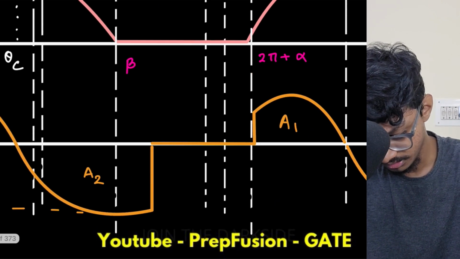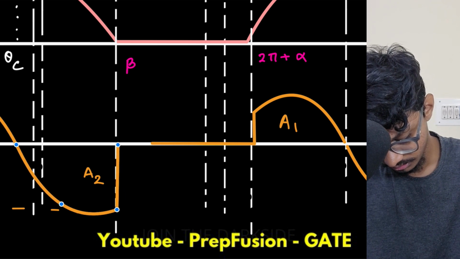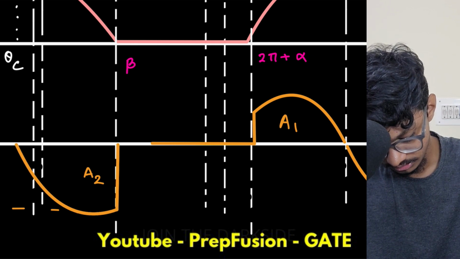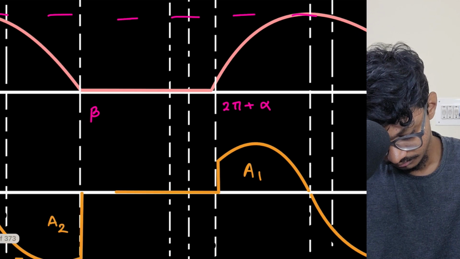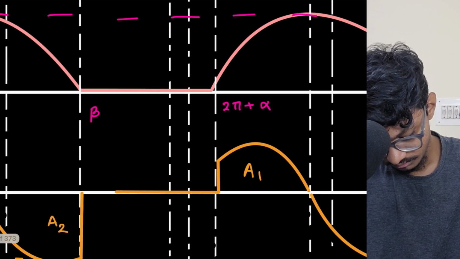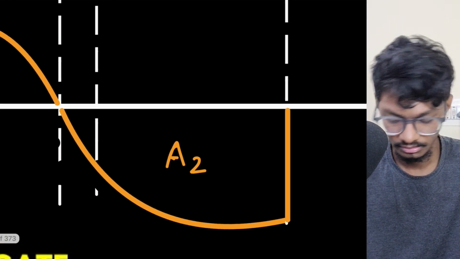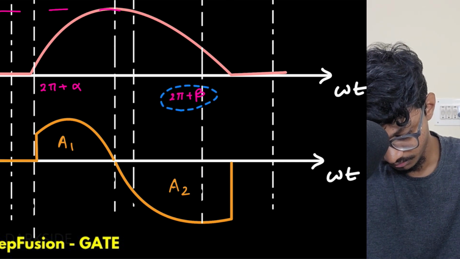just changing a few things to make everything aligned, right? So yeah, this. So beta will again reduce, 2 pi plus beta will be somewhere around here.